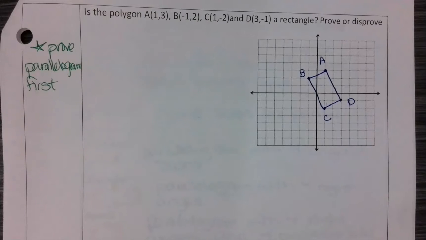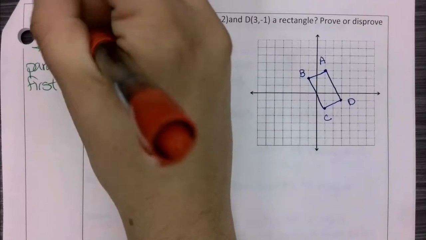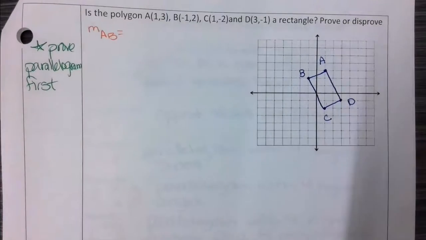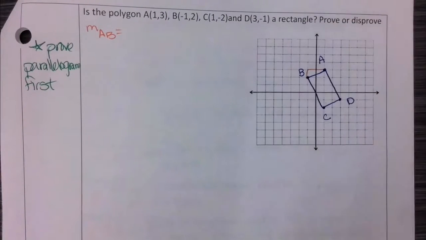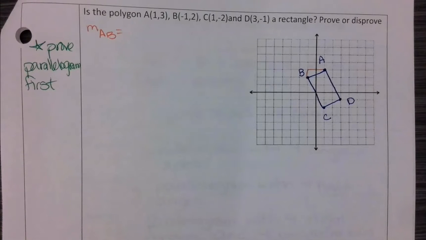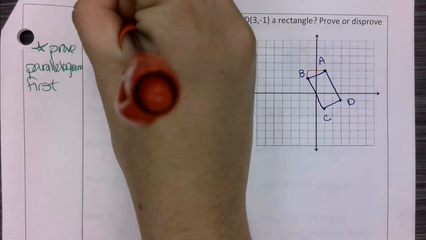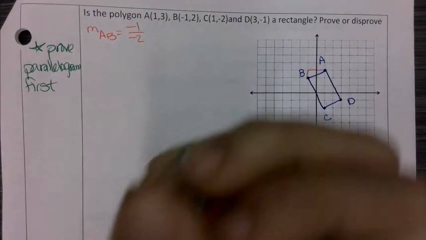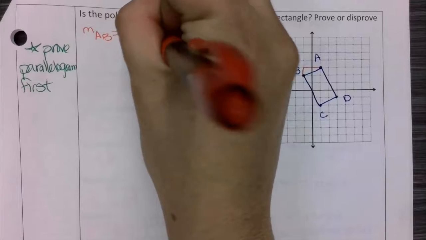So what I need to go do is I need to go find my slopes. So my slope of AB is, so negative 1, negative 2, because it's going down and right, which is just negative 1/2.